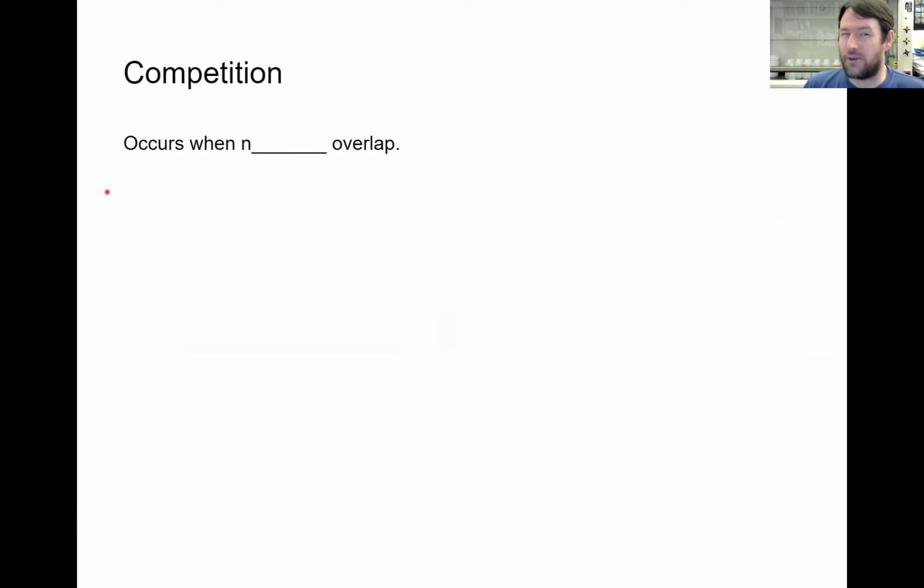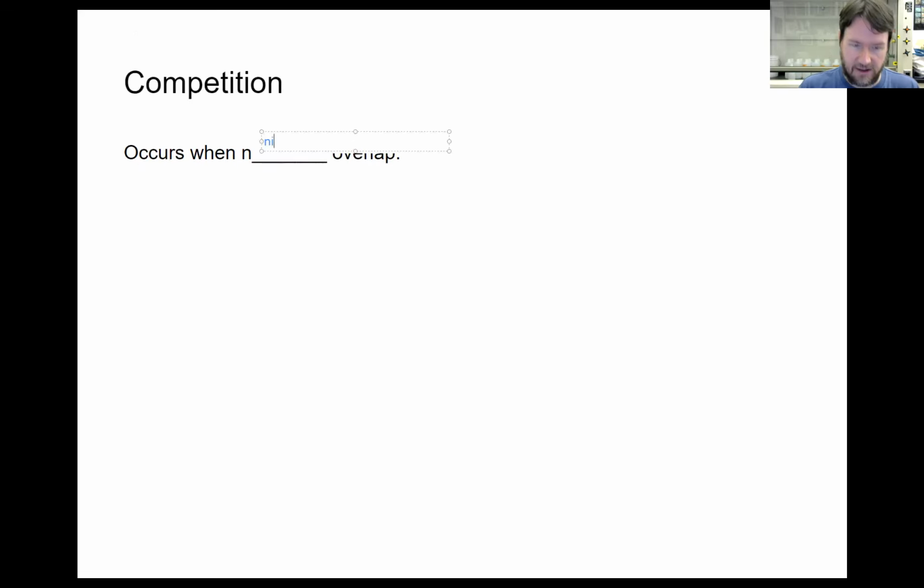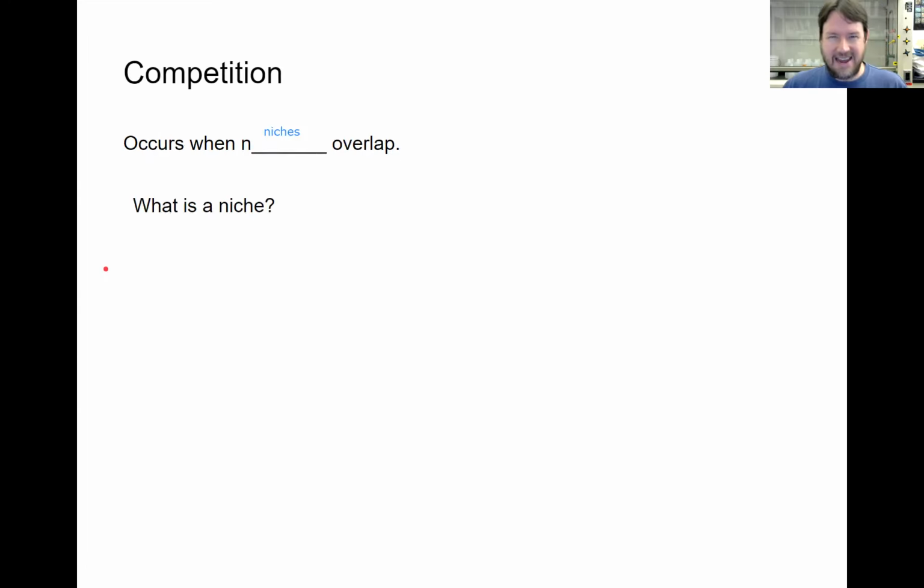Okay, so competition is going to occur anytime that the niches of two different species overlap. We'll say niches to indicate that there's two species, right? And a niche, what's that? Well, it's like the place of an organism.